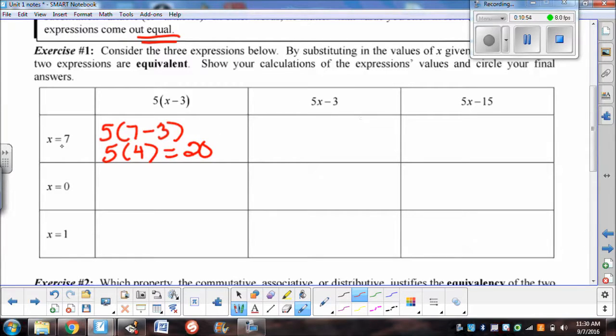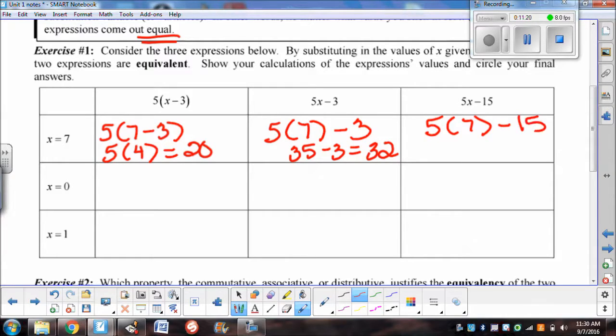So now when I take 7 and plug it into this expression, 5 times 7 minus 3, 35 minus 3, and that leaves me with 32. So right now, this is 20 and this is 32. It looks like these two are not equivalent. So let's see what happens with this third expression. 5 times 7 minus 15.